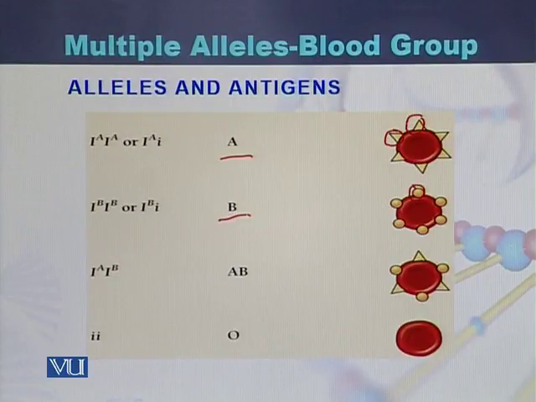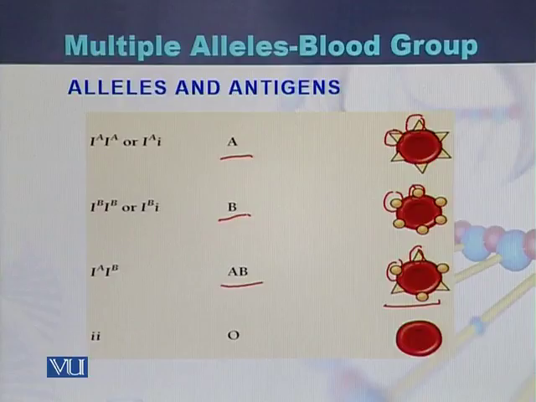So these are the antigen B. In case of AB blood group, there are both the antigens produced by allele A and by allele B. In this diagram, we can see that on the surface of the red blood cells both types of antigens are present, antigen A as well as antigen B.